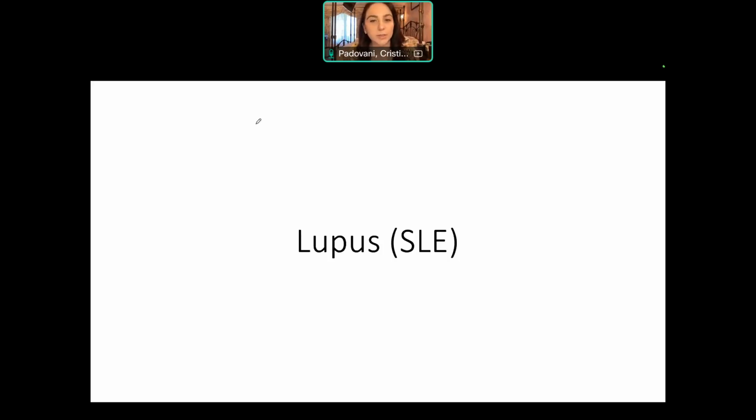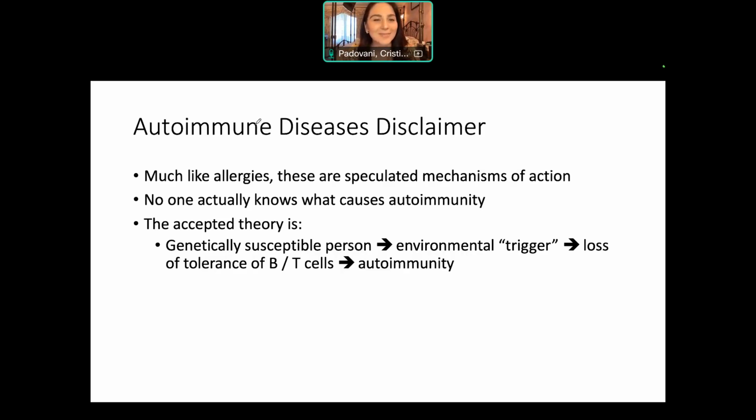All right, so we're going to start with lupus, also known as SLE or systemic lupus erythematosus. Something I wanted to say before we jump into the autoimmune diseases: my disclaimer is that for autoimmune diseases, it's kind of like allergies. There's a speculated mechanism of action.